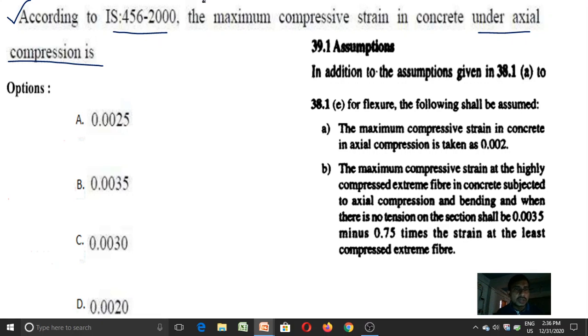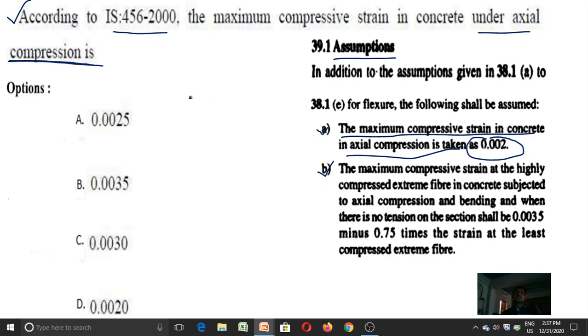So according to IS 456 2000, the maximum compressive strain in concrete under axial compression, the question is under axial compression. According to clause number 39.1, that is assumptions made for design of columns, here we have two subpoints, A and B. If you observe point A, the maximum compressive strain in concrete in axial compression is taken as 0.002.